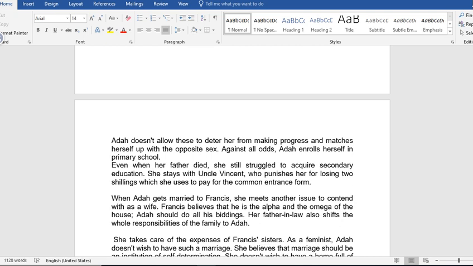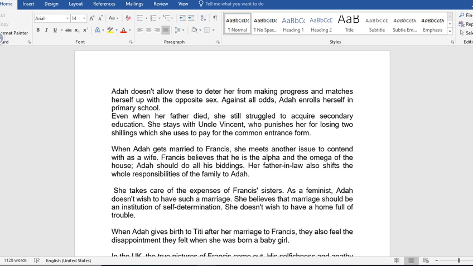Ada doesn't allow this to deter her from making progress and matches herself up with the opposite sex. Against all odds, Ada enrolls herself in primary school. Even when her father died, she still struggled to acquire secondary education. She stays with Uncle Vincent, who punishes her for losing 2 shillings, which she uses to pay for the common entrance form.